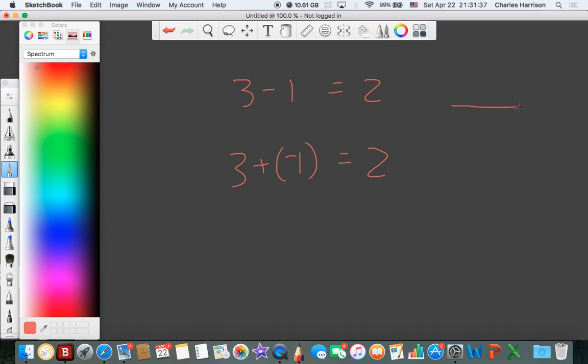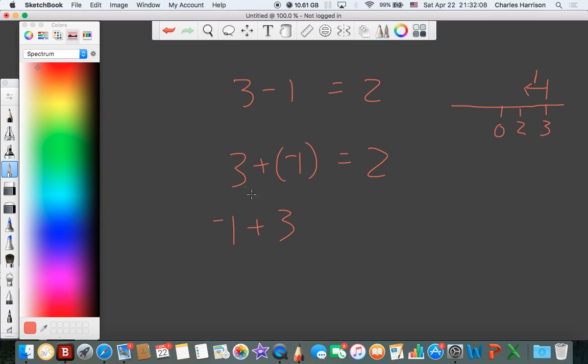And that works because we have a 0 here and a 3 here, and when we're plussing a negative, that really means that we're going backwards 1, right? So it's going to put us at 2 here. We know that works. Well, this also makes it so we can switch it up. So now if we switch it, we have a negative 1 plus a 3. You see how that works?